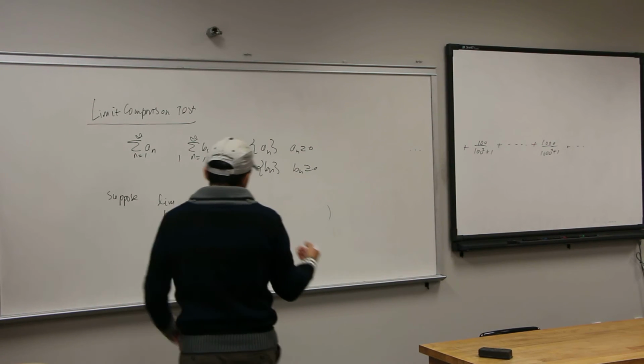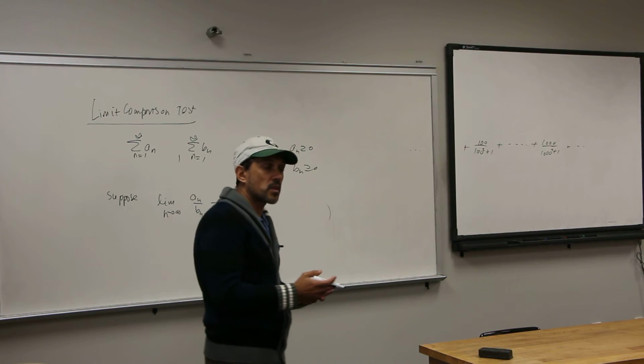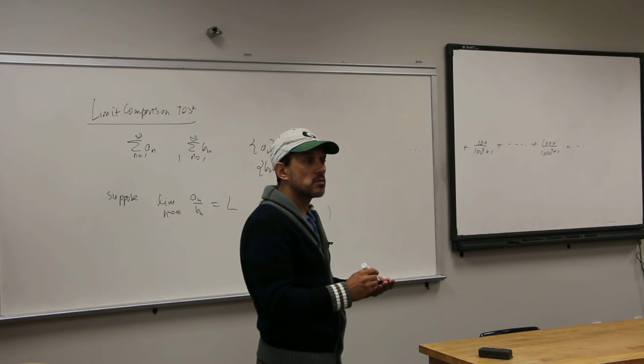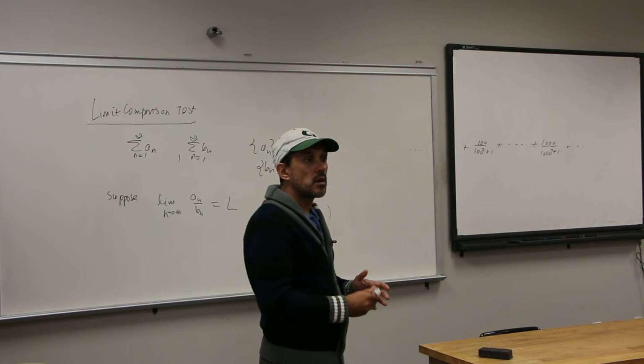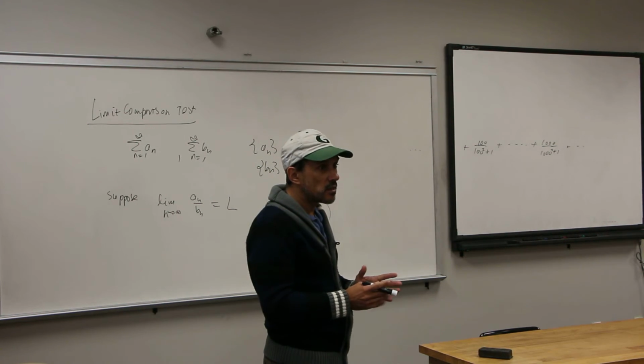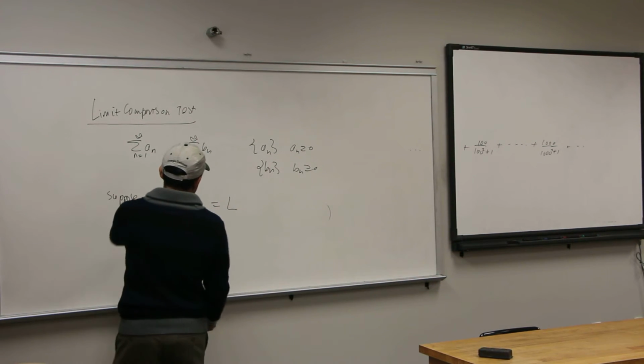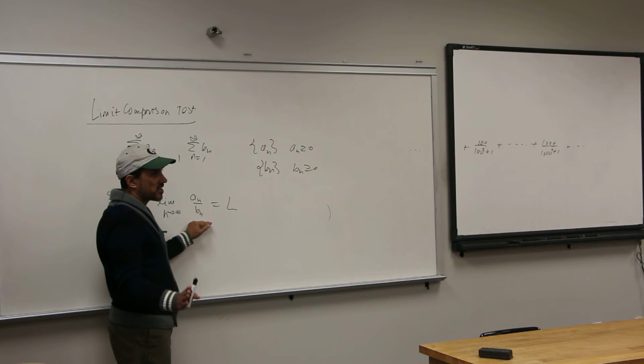Now that number L could be 0, it could be 3/4, it could be 5, it could be 2/3, it could be 20, or it could be infinity. That is to say, this one grows much faster than this one eventually.